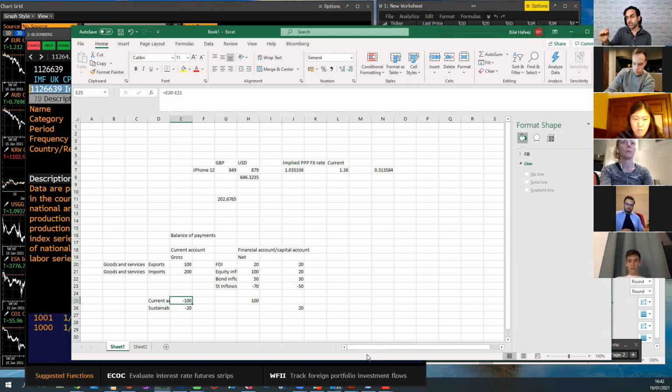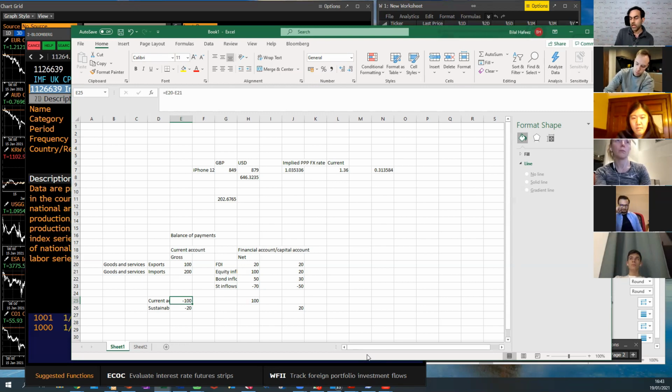The other way is the currency. If the US dollar became weaker, that means that imports become more expensive and exports become cheaper for the US. So a weak dollar means that it's cheaper for the US to export iPhones to other countries.